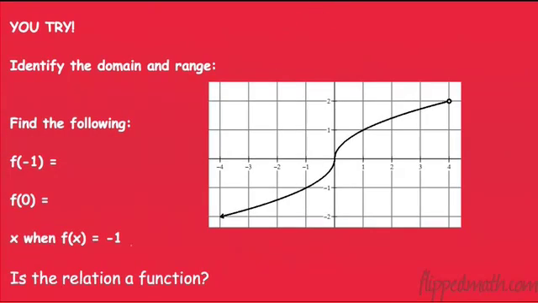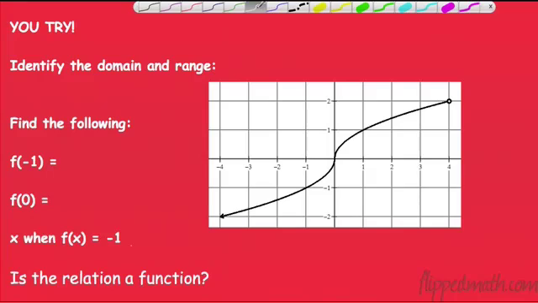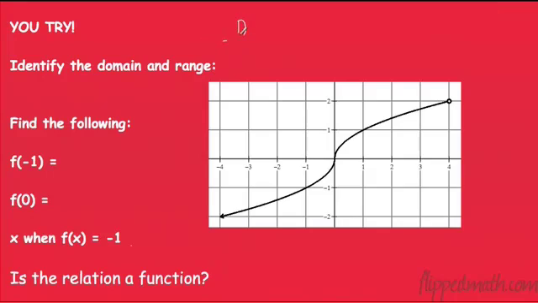So here we go. We are going to start with domain and range. And I'm going to start putting my domain with all possible x's and my range with all possible y's. Let's take a look. To the left. Does it ever stop going left? No. So I'm going to erase that side. Does it ever stop going right? Yes, at 4. Now, do I include 4? Is it solid?